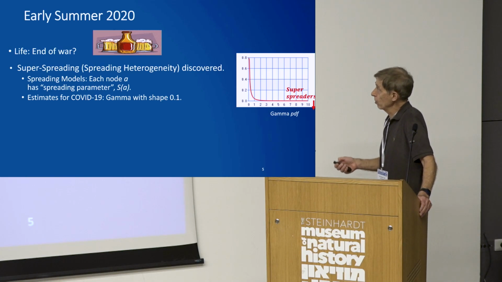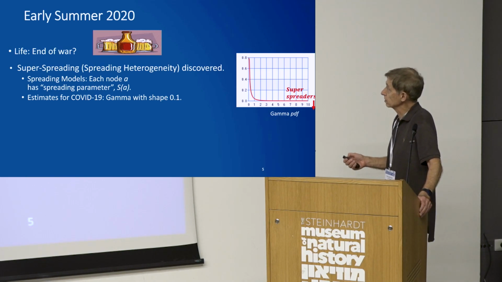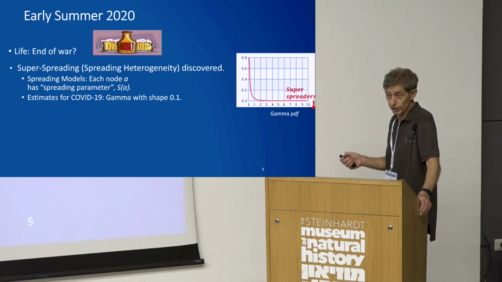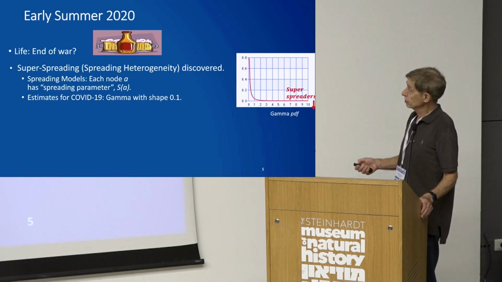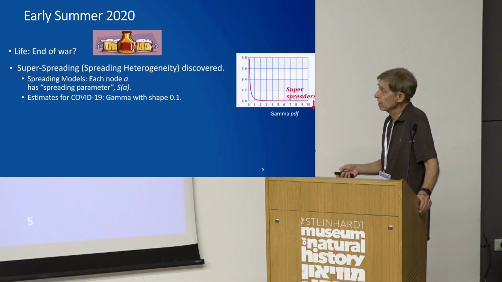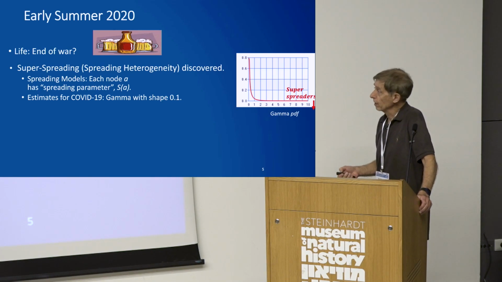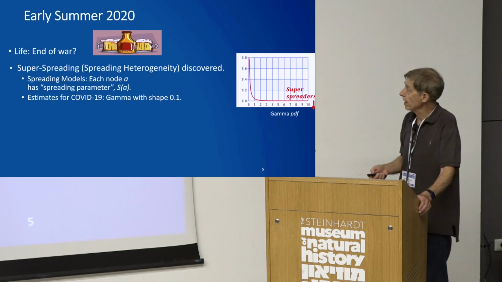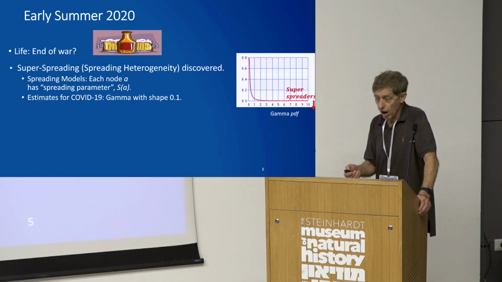If you look at this plot of a gamma distribution, it says that a very small fraction of the population will be super spreaders. They will infect a lot. And most of the population will infect very little. That's super spreading. And for COVID, people estimated this curve as a gamma with parameter 0.1, starting at R equal to 3.